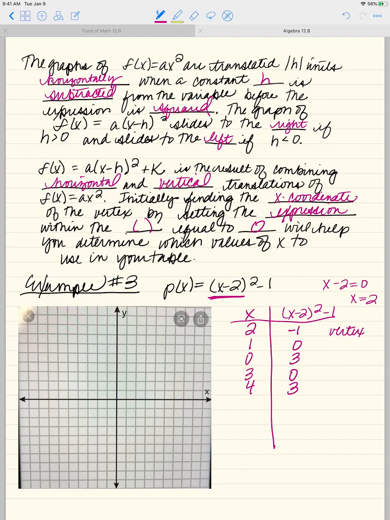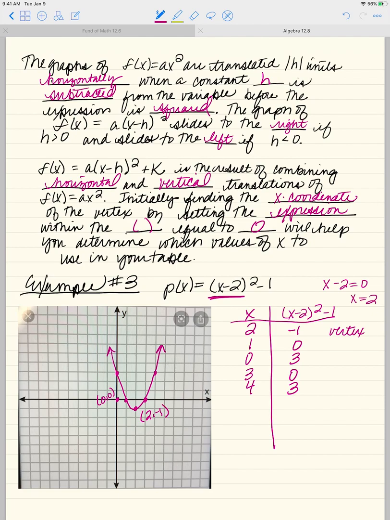So now, plot your points. We have (2, -1), (1, 0), (0, 3), (3, 0), and (4, 3). Now we have a nice little parabola. The vertex of our typical x squared parabola would be right here at (0, 0). The vertex of this parabola is at (2, -1).